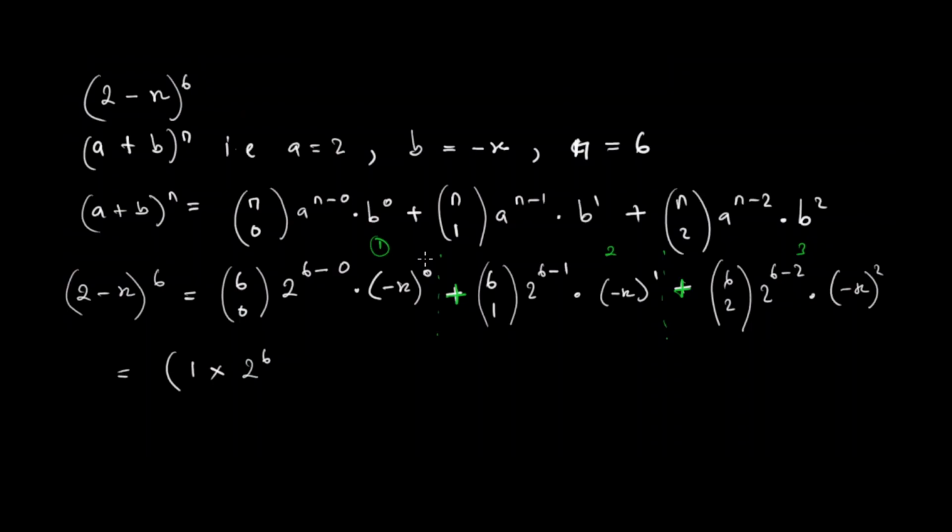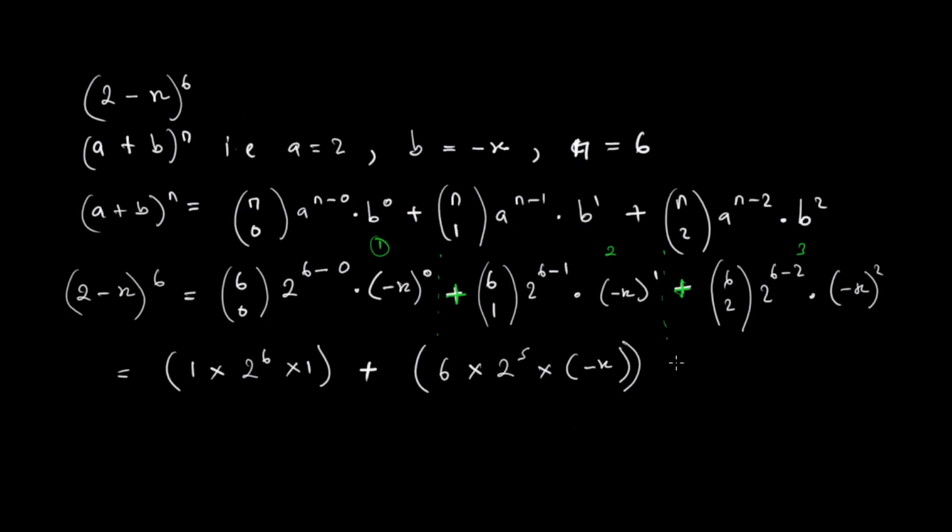So that's times 1, like this, plus. Here let us see what 6 choose 1 gives us. It gives us 6. So this is plus 6 times 2 to the 5, then times minus x, since it is minus x to the 1.